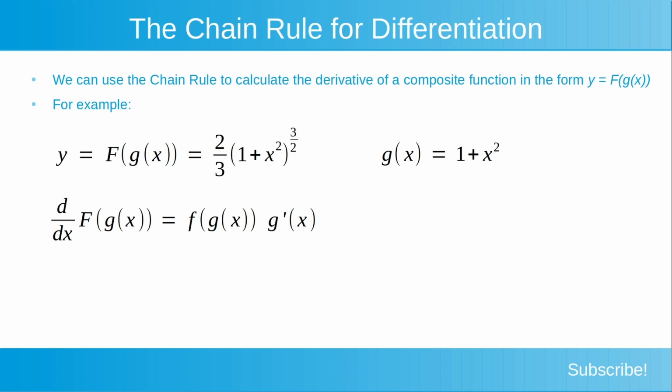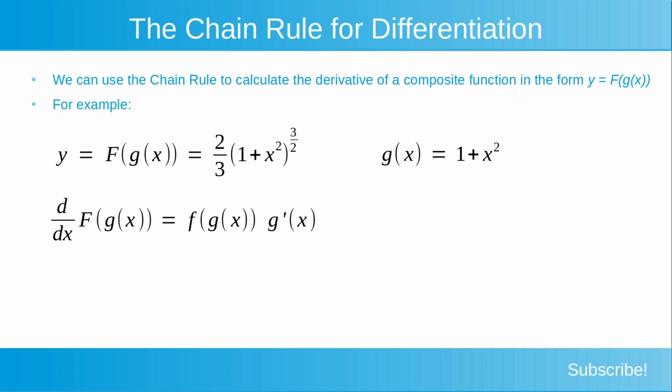You may have heard the chain rule being referred to as the outside-inside rule. When we look at our composite function, capital F of g of x, we can refer to one of the component functions, capital F, as being the outside function. And we can refer to the other function, g of x, as being the inside function.